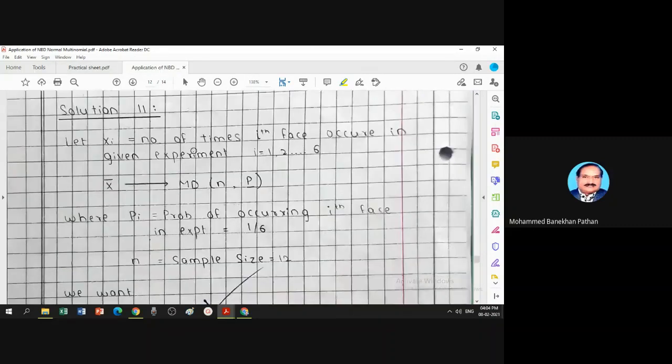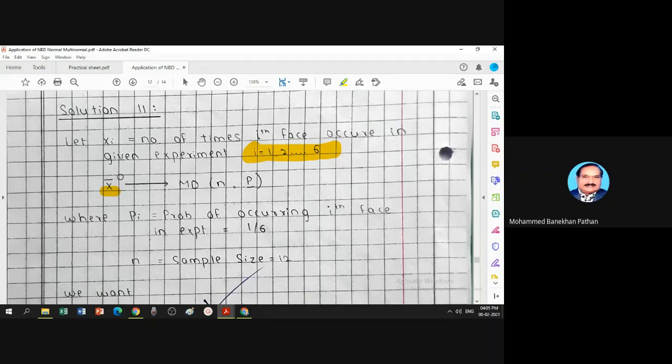How many variables will I define? I will define six variables in total. Xi equals the number of times the ith face occurs in a given experiment. So X vector. In statistics, this bar is not a sign of vector. You have to write the bar in the denominator. If you write it in the numerator, it becomes a mean.